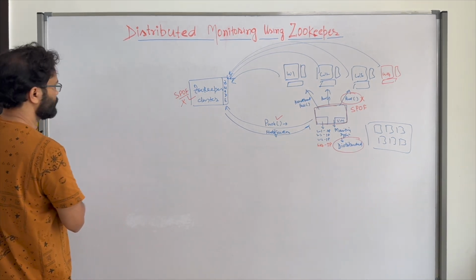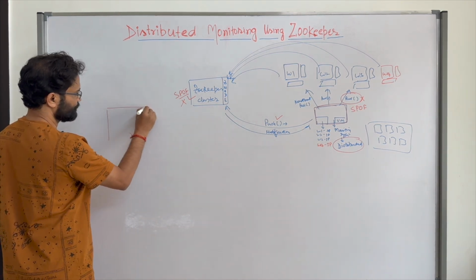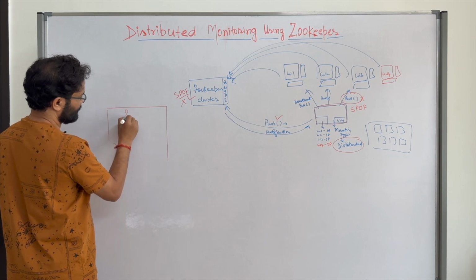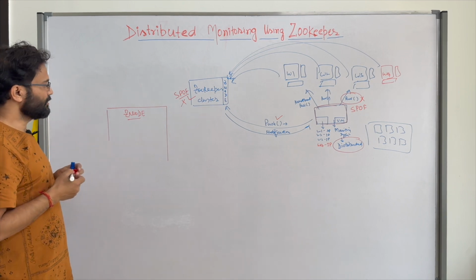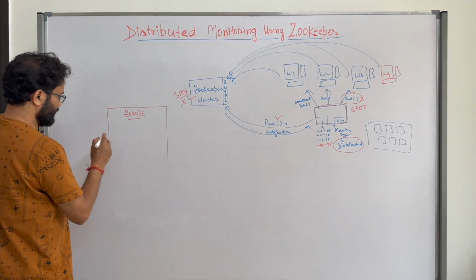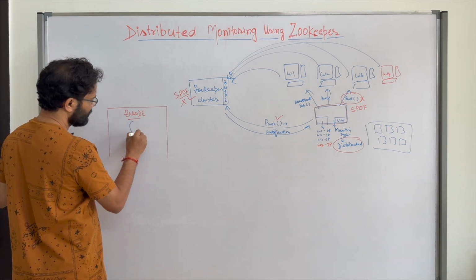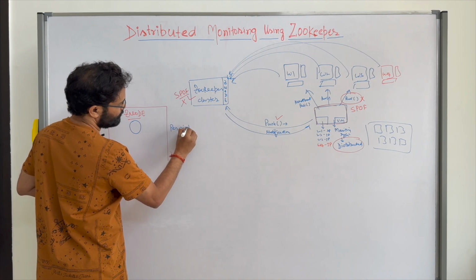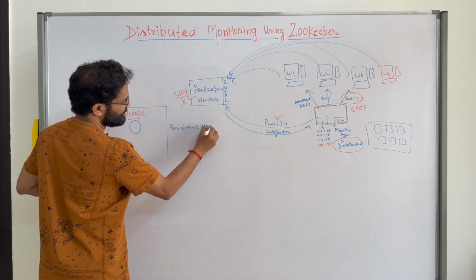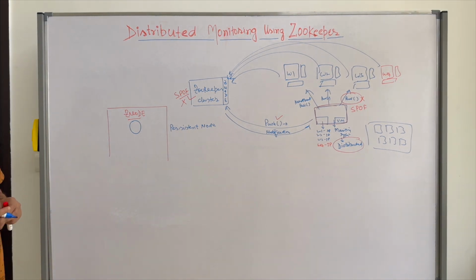So suppose this is your Z node. I am talking about this Z node inside the Zookeeper, right? And what you have to do, you have to create one persistent node, that I have already discussed in the third video: what is the persistent node and when we should use the persistent node.